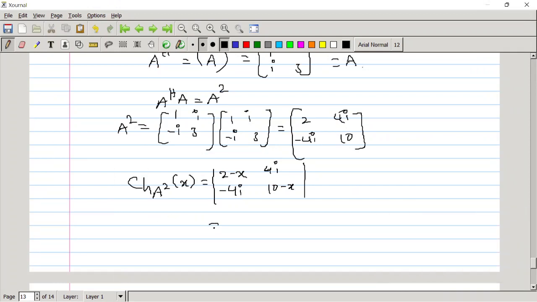Sir, please, how did you write this? This determinant, we have lambda, you have taken lambda as x, is it? A minus lambda equal to 0, characteristic equation. Characteristic polynomial, that is just a polynomial, not an equation.